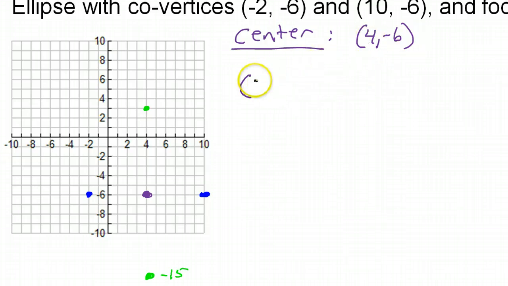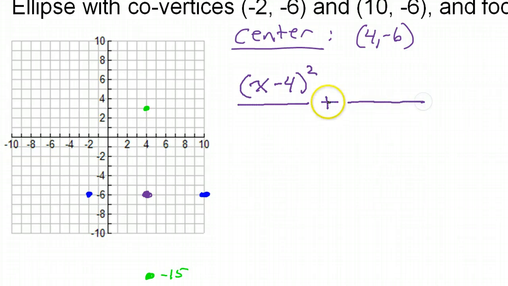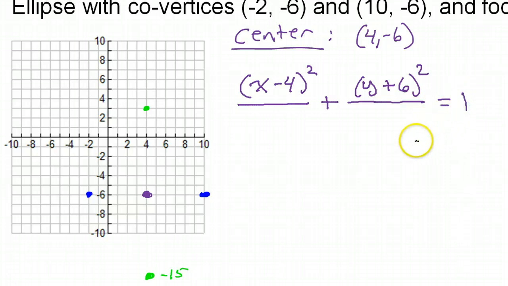It's going to be the opposite of these. So this will be x minus 4 squared. Ellipses are always plus, unlike hyperbolas, which are always minus. Anyway, we'll have y plus 6 squared, opposite of that, equals 1.